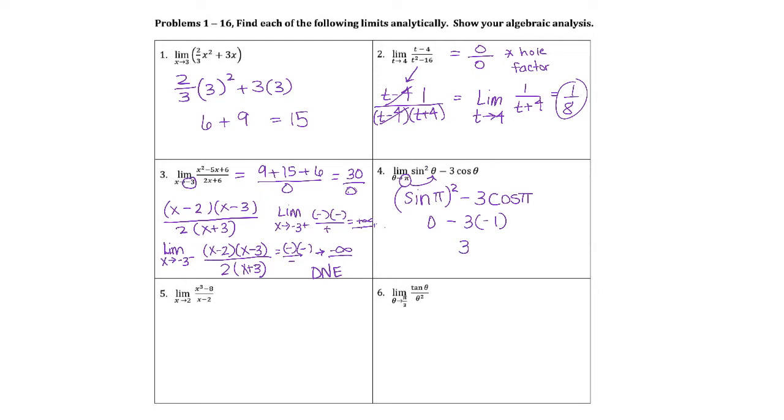Okay, moving on to number 5, we're going to substitute in, and we're going to get 0 over 0, which again is not a vertical asymptote. That means that we have some kind of hole in the graph, and we need to factor this, and we're going to use that formula that we had above. And when we factor this, we're going to have x squared plus 2x plus 4, and that's all over x minus 2.